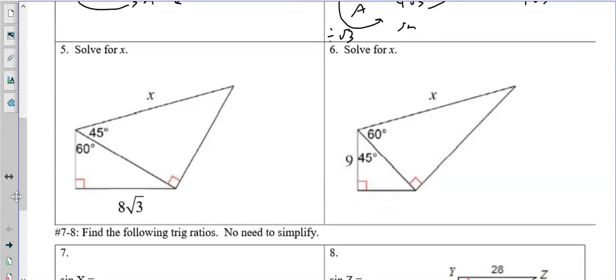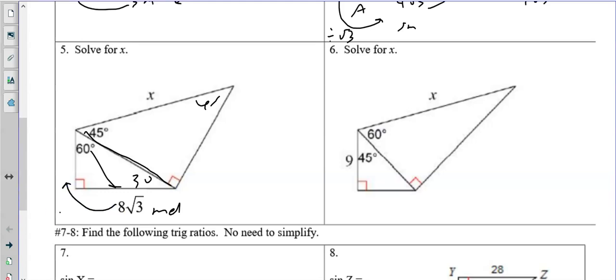Solve for x. Okay, so we have two triangles here. We have a 30, 60, 90, and we have a 45, 45, 90. Now, what do we have here? We have the medium side. We need to eventually find this right here, but remember, with the 30, 60, 90, we always go to the small side.